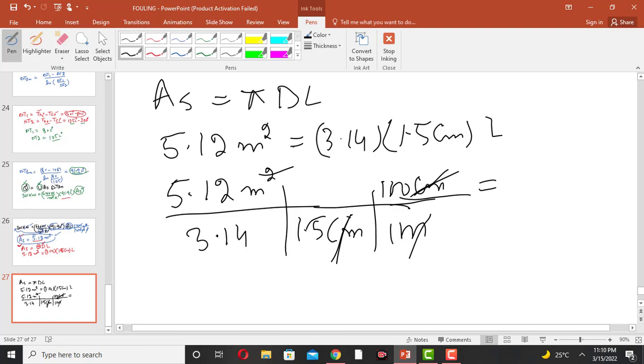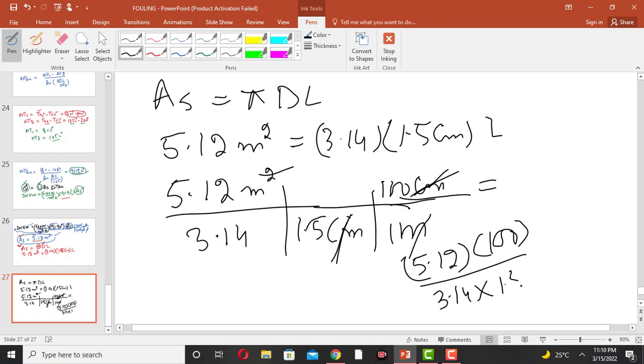So it will be 5.12 multiplied by 100 divided by 3.14 multiplied by 1.5, in meters, the length. So the length of the tube of the shell and tube heat exchanger comes out to be 109 meter.